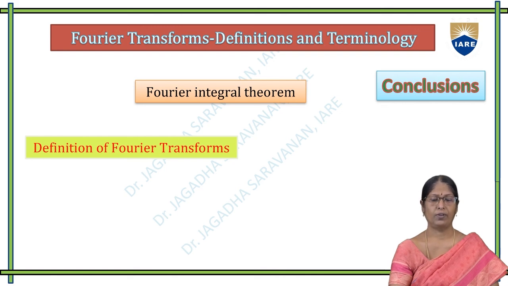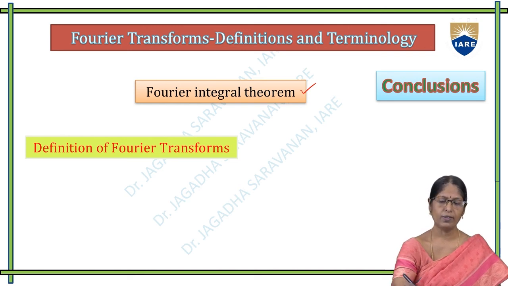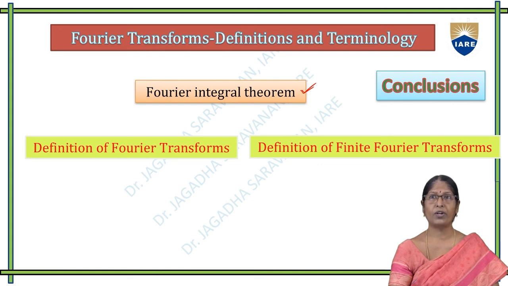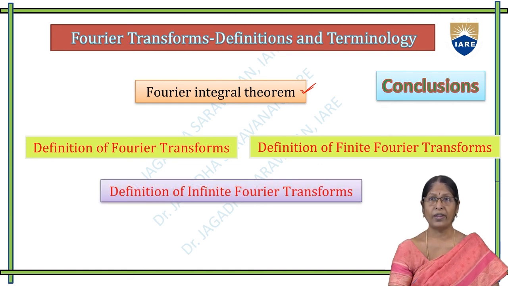From this, taking Fourier sine integral and Fourier cosine integral, testing even and odd functions, we defined the Fourier sine and cosine integral formulas. Then the Fourier transform, finite Fourier transform, infinite Fourier transform, and we did the comparison study.